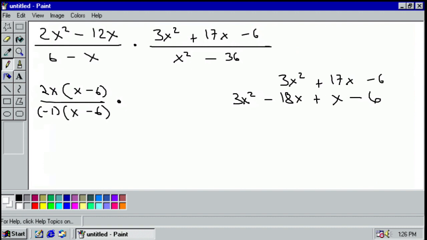Let's have 1 here. Okay, let's make it 1x. It doesn't change the value anyway, so our GCF here is 3x. Then 3x squared divided by x is x. 18x is negative, that will be negative 6. Now, for this one, we can factor a 1.